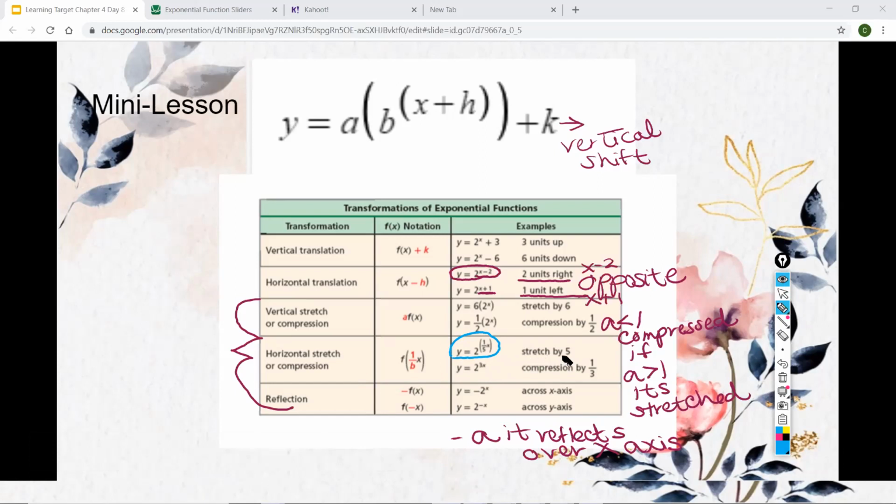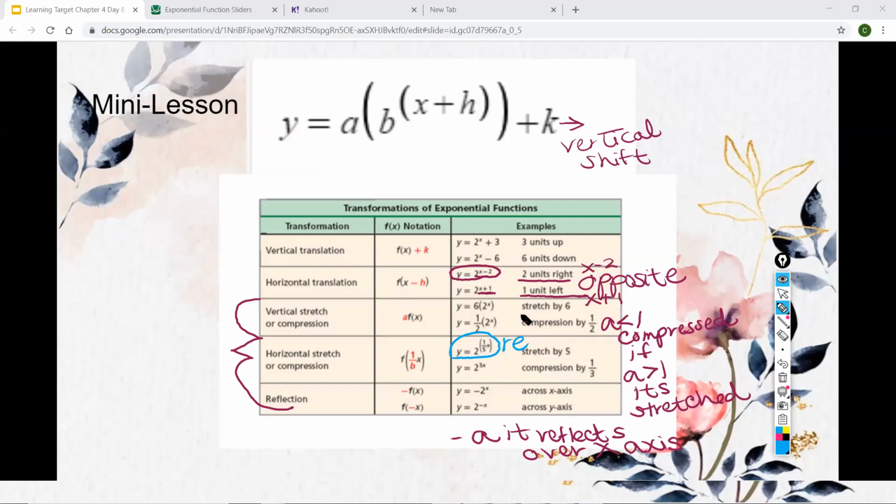So it's stretched by 5, which again is the opposite. Do you remember when we were talking about this being opposite? This is also opposite. Because look, what's the opposite of 5? 1/5. So you're basically doing the reciprocal of it. Not necessarily the opposite, but the reciprocal.